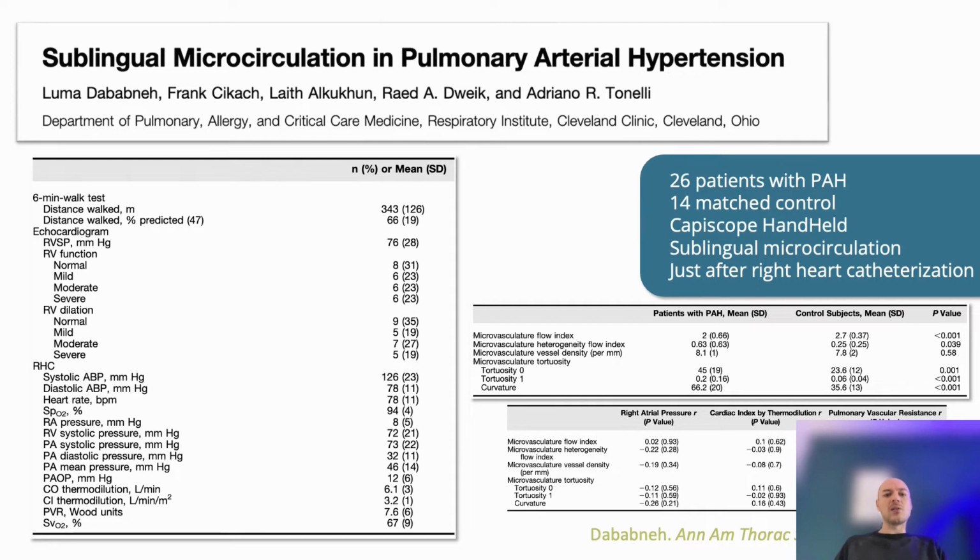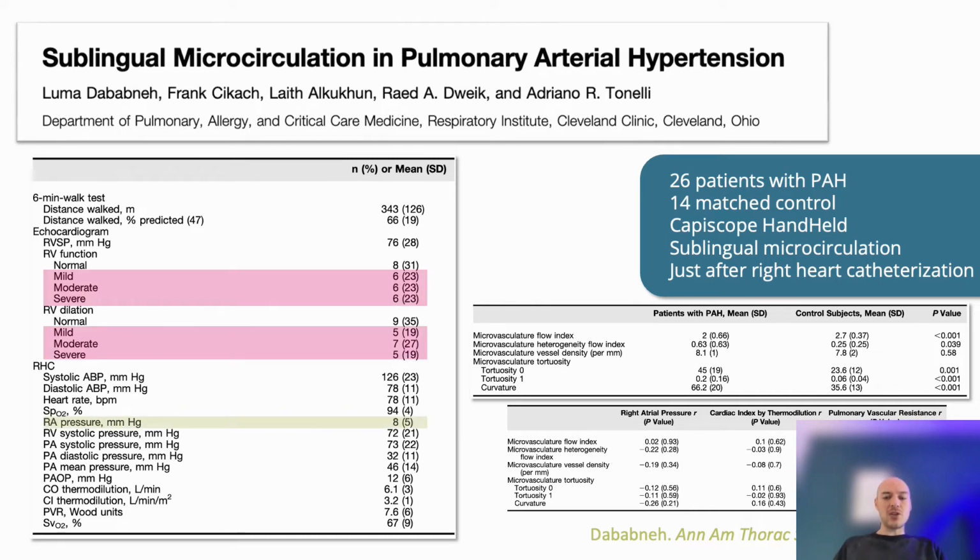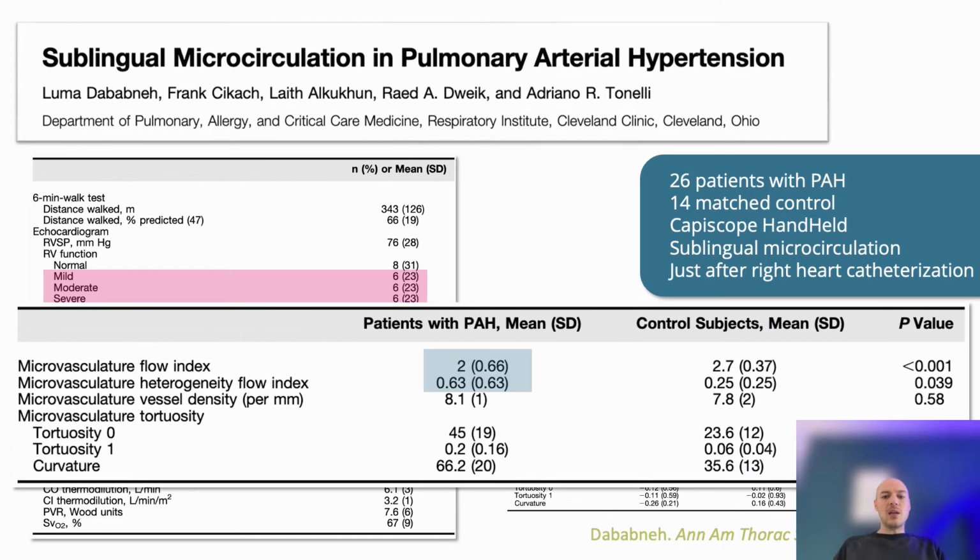In this study, including 26 patients with PAH, an analysis of the sublingual microcirculation with the help of an HVM was performed just after a right heart catheterization. It is worth noting that 2/3 of the patients had right ventricular dysfunction or dilation and an enlarged inferior vena cava. Interestingly, CVP was rather normal.